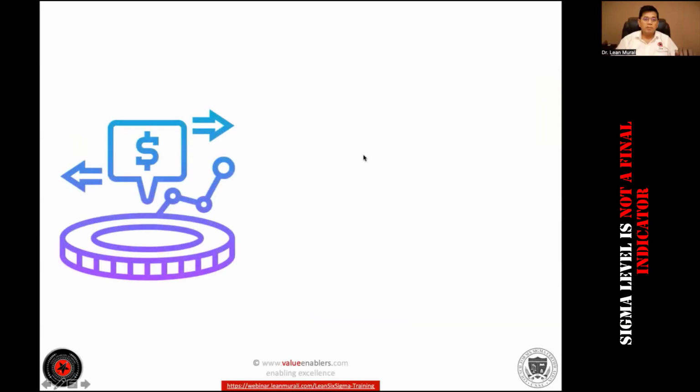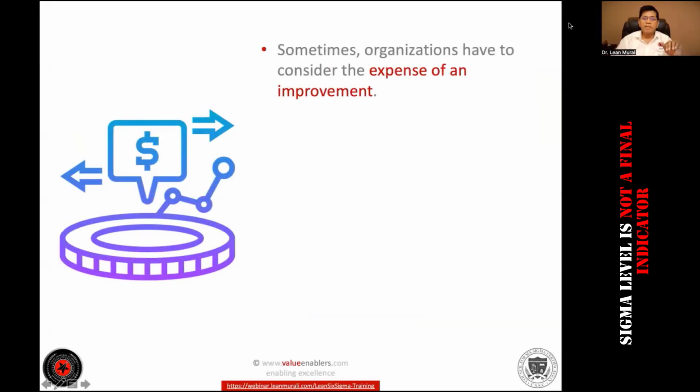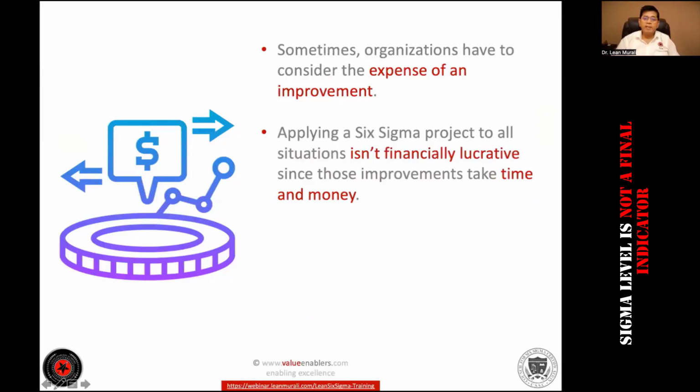Fantastic. Now, sometimes organizations have to consider the expense of improvement. So the expense of improvement is important. Applying a Six Sigma project to all situations isn't financially lucrative. Please understand this very clearly. I'll read it one more time. Applying a Six Sigma project to all situations isn't financially lucrative since the improvement takes time and money.